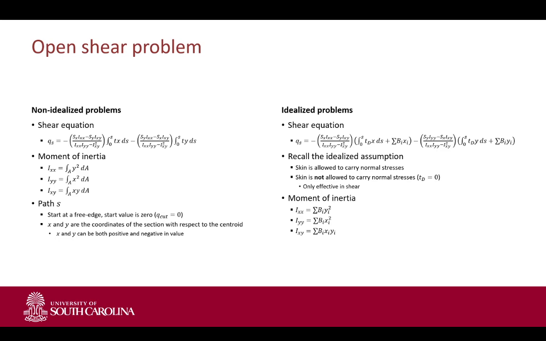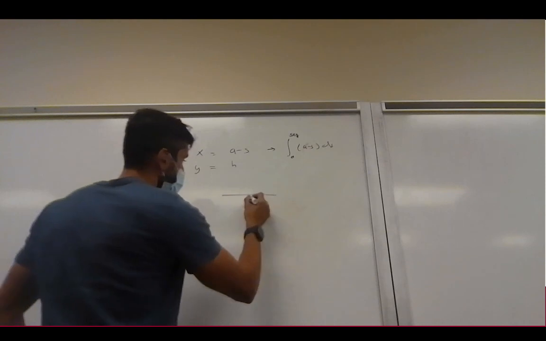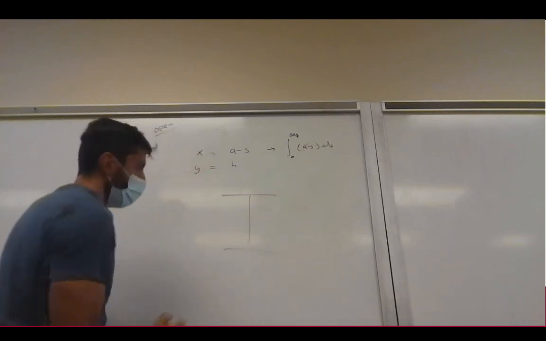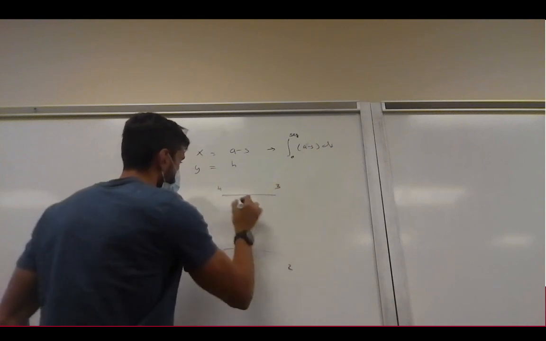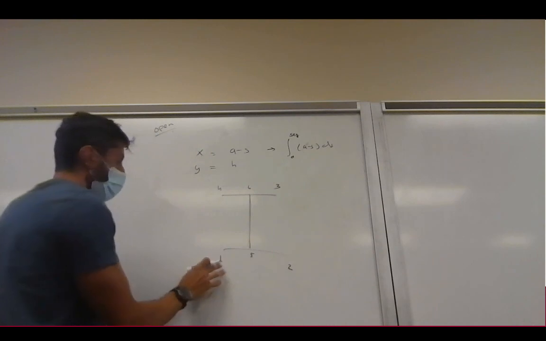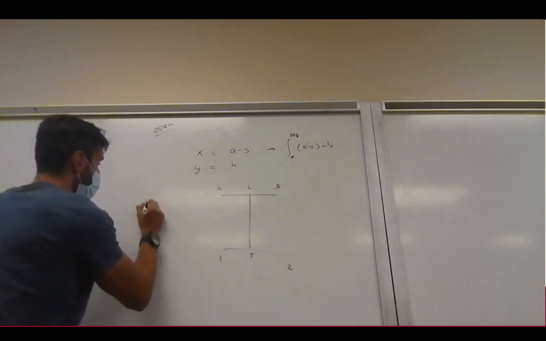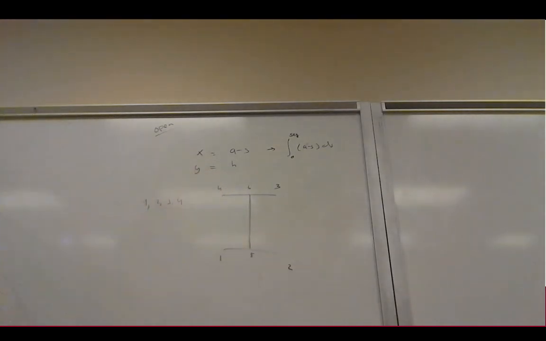So one more thing, actually, and this was on the second midterm. If you have a segment like this, and we have points 1, 2, 3, and 4, and let's call these 5 and 6. We can start at 1, 2, 3, or 4 because they are all open sections.